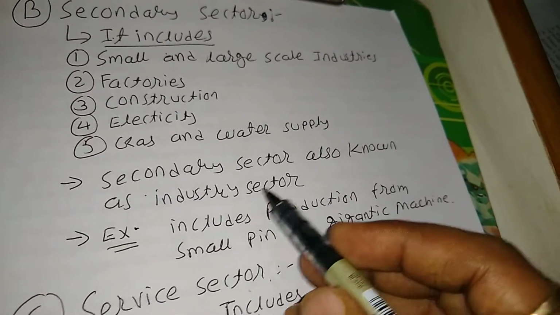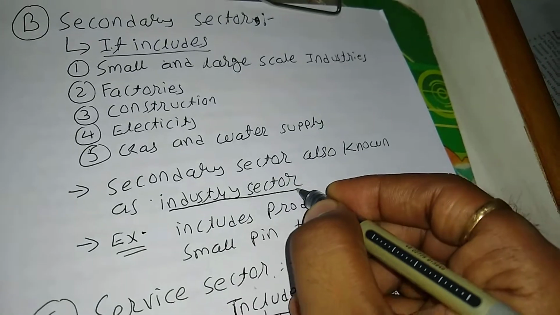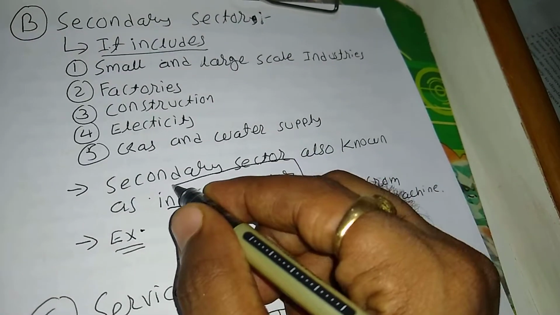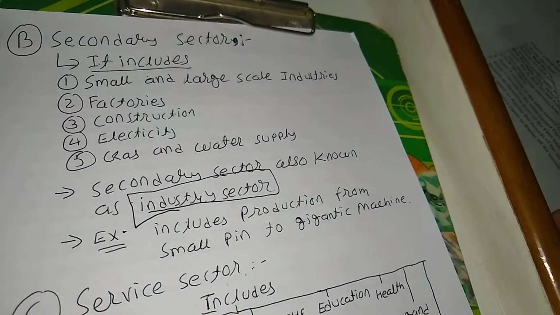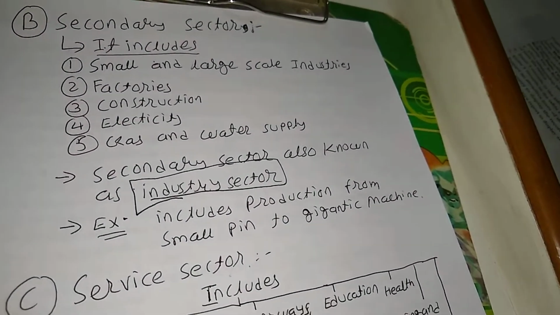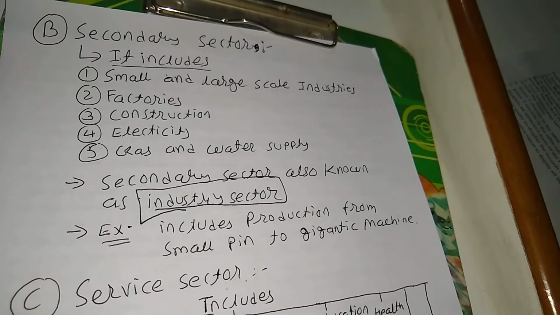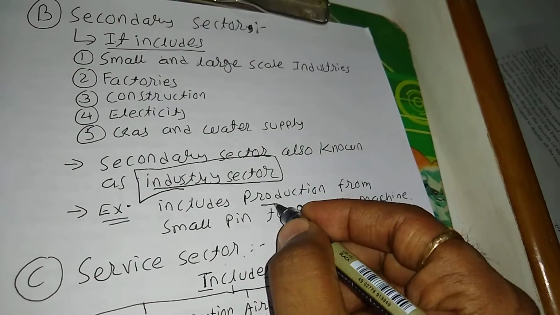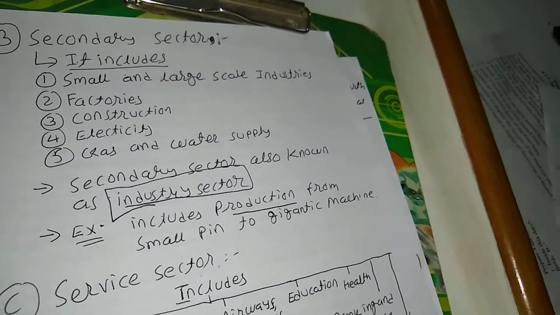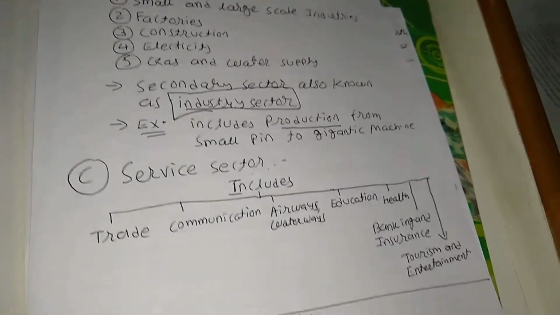Important, secondary sector is also known as industry sector, and this can be asked in an MCQ type or objective question. It includes the production from small pin to gigantic machine. But the important word is that it includes what? Production. So whatever you receive from the primary sector, this will go for production.